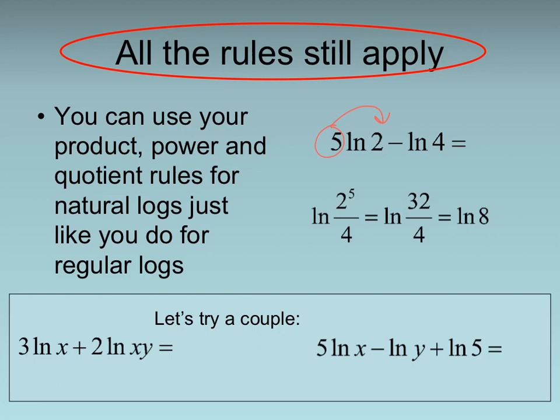I could evaluate that if I wanted to, but that would just be condensing it, writing it as a single log. Same rules still apply. It just says natural log. It's like if I gave you log base 4 or log base 5 or log base 10 and asked you to simplify, all the rules are still the same.